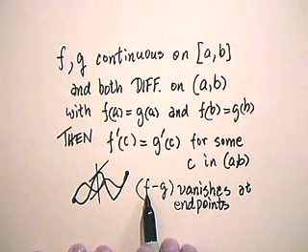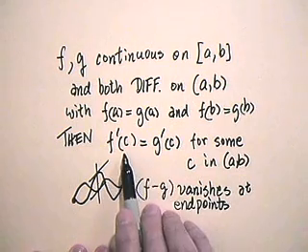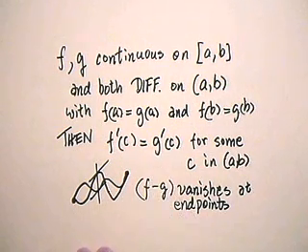That is, f prime minus g prime at c equals 0, or f prime of c equals g prime of c. It's a very simple, nice result.